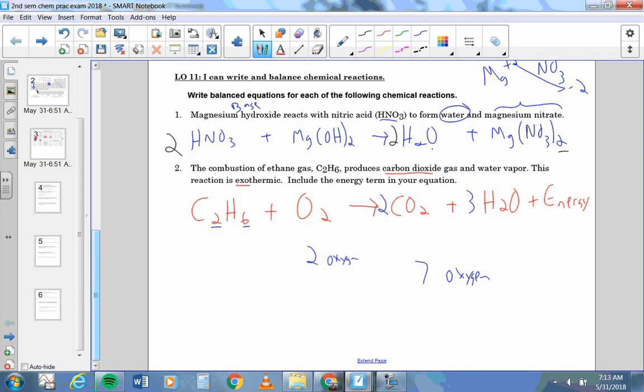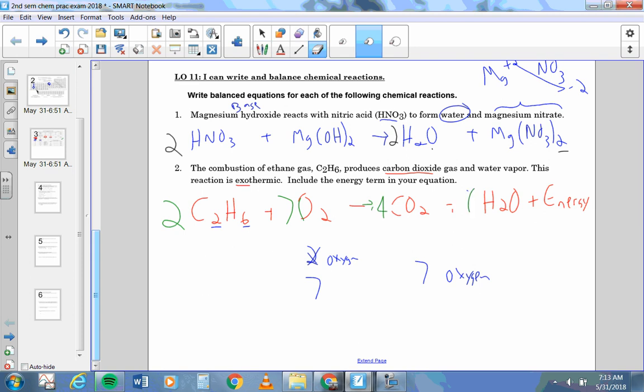Now, if it were legal, I could write 3.5 there. 3.5 times 2 would give me 7. That's not quite legal, so now I'm going to go back and double everything. I need an integer there. So, if I multiply this by 2, and this by 2 to get 7 oxygens, and this by 2 to get 4 carbon dioxide, this by 2 to get 6, I now have a balanced reaction.